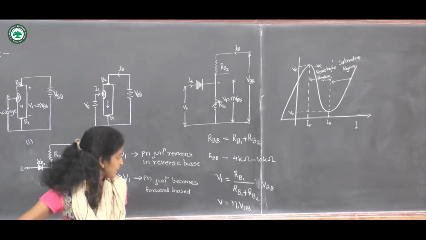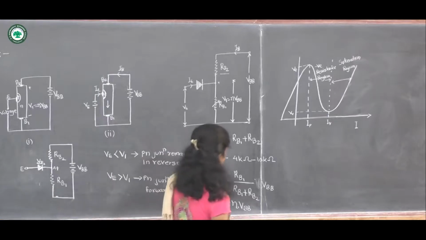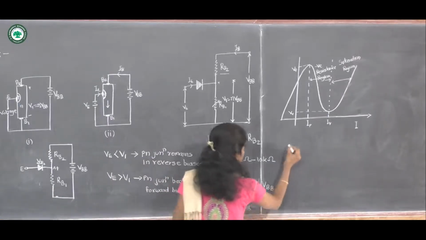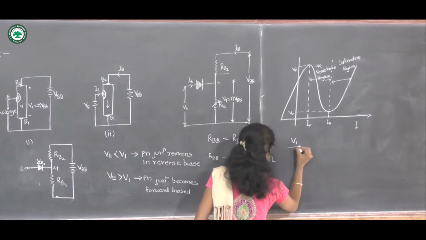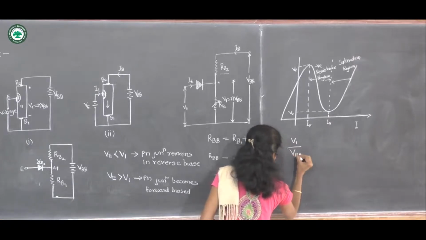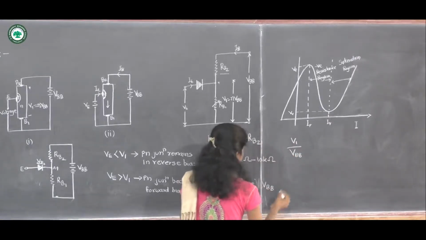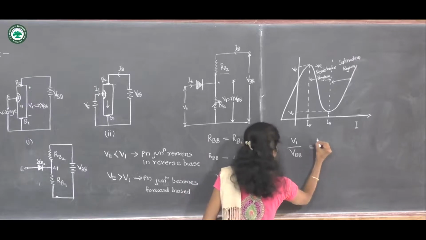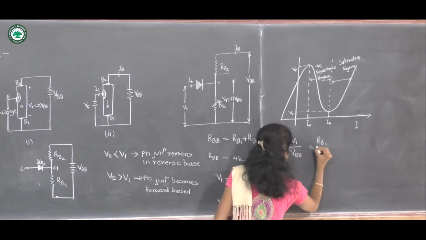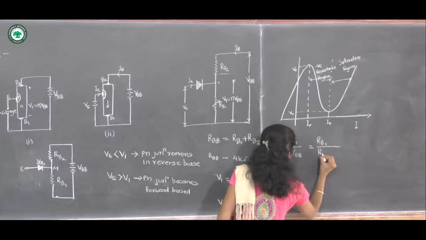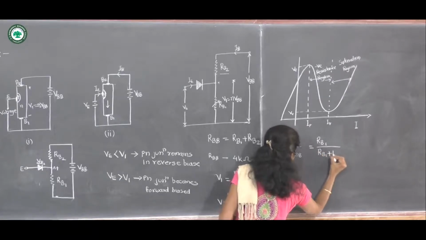By taking this equation, we may rearrange it as V1 by VBB is equal to RB1 upon RB1 plus RB2.